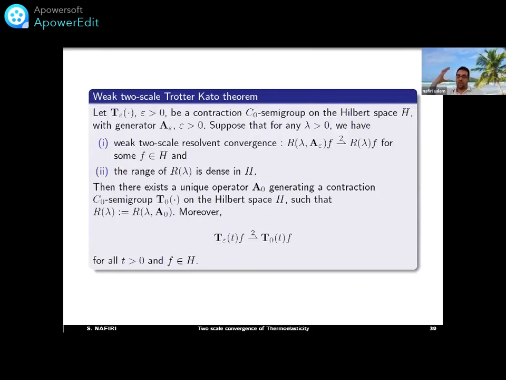So in order to show that our operator E epsilon converges to a certain limit operator, we used the weak two-scale Trotter-Kato theorem. The theorem tells us that if you have a family of semigroups T epsilon generated by E epsilon, such that the resolvent two-scale converges to a certain operator, call it a pseudo-resolvent, and the range of this pseudo-resolvent is dense in H, then there exists an E0 which is the generator of T0.